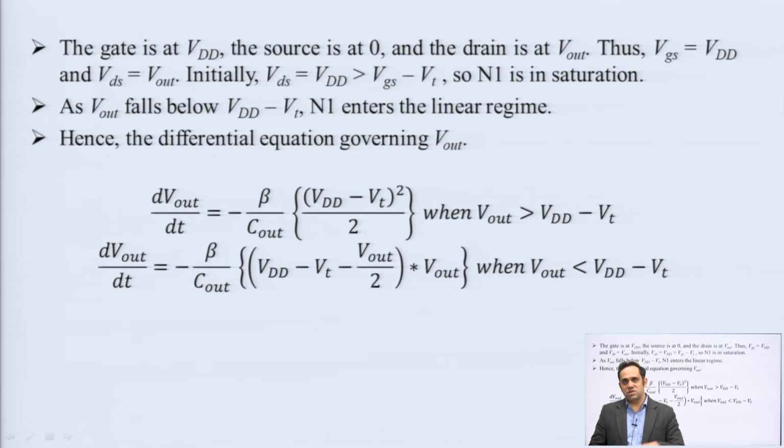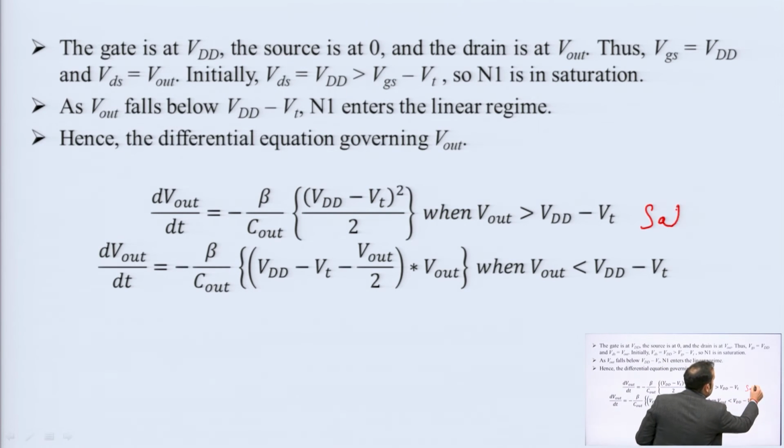So, there are two equations available to us depending upon the mode in which N 1 is located, saturation or linear region. If it is in saturation, we use the equation on top; this is when N 1 is in saturation, and this is when N 1 is in linear region.